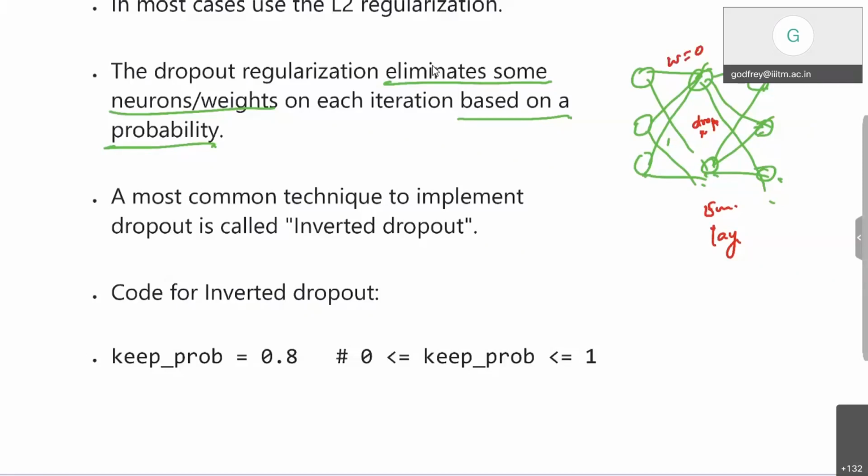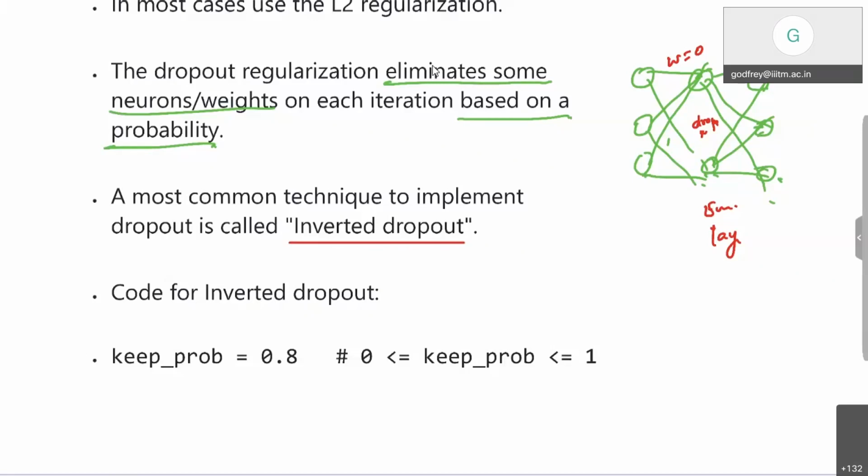What you do is you remove certain neurons. One of the common techniques that is used is called inverted dropout.